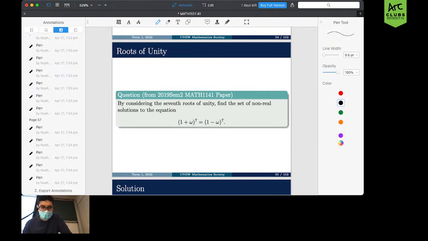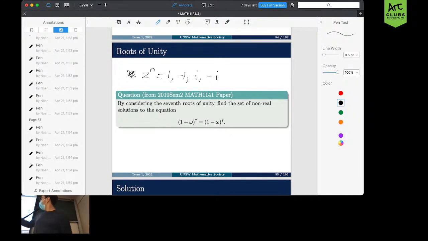I'm going to use z instead of x because it's complex. We have z to the power of n, and for roots of unity it's going to be of the form 1, −1, i or −i, because these four values have modulus 1.